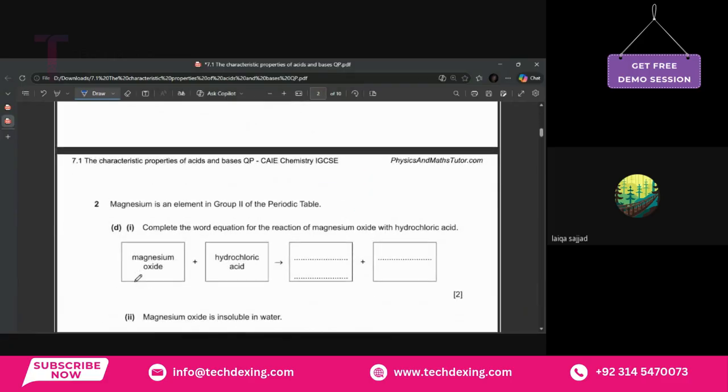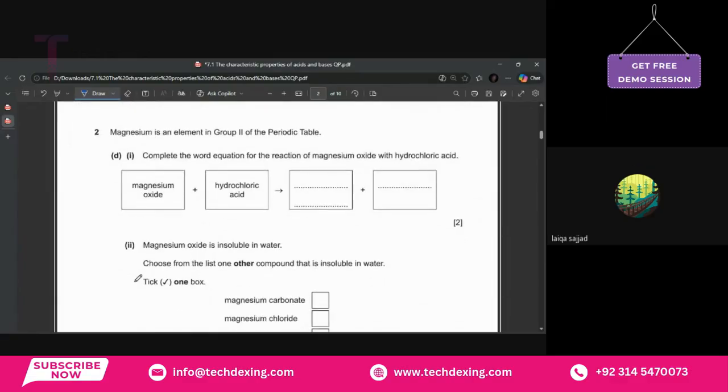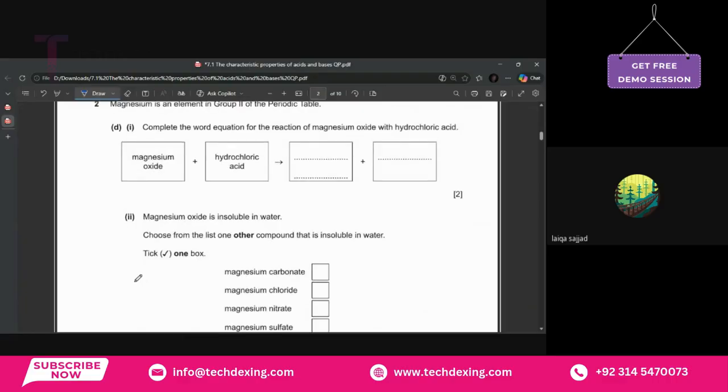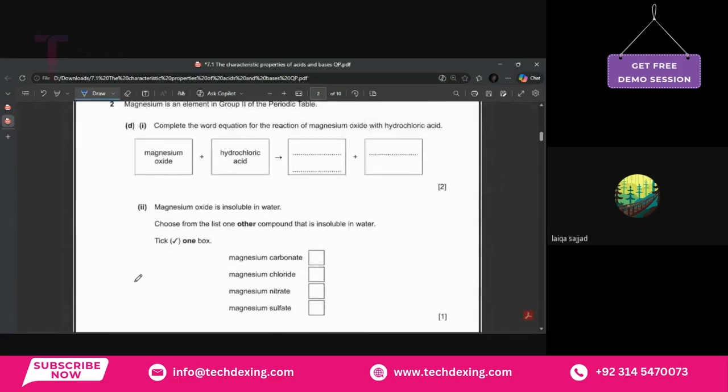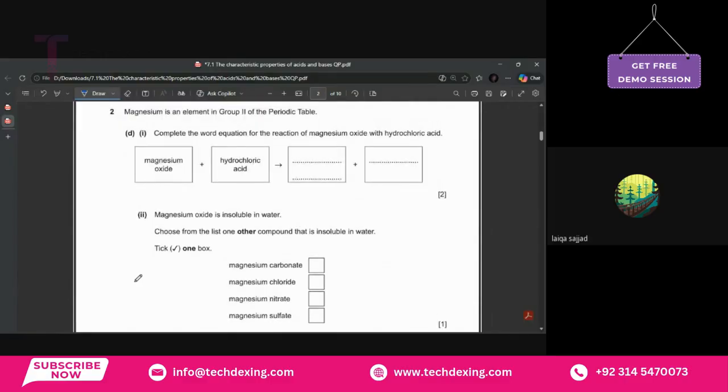Then we are given that magnesium is an element in group 2 of the periodic table. You have to complete the word equation for the reaction of magnesium oxide with hydrochloric acid. What do we get when we react magnesium oxide with hydrochloric acid? Magnesium oxide and hydrochloric acid give magnesium chloride and water.